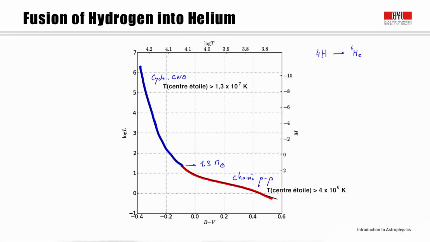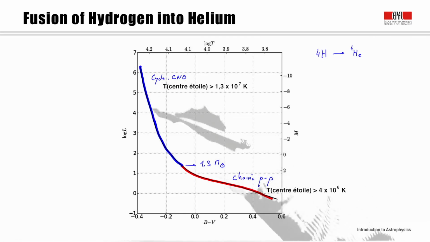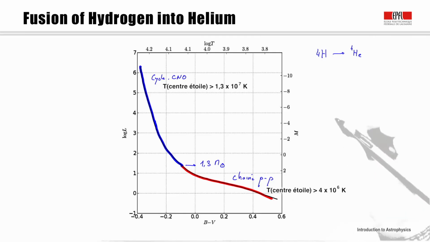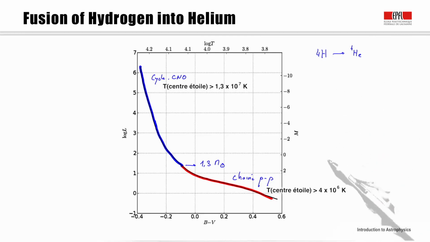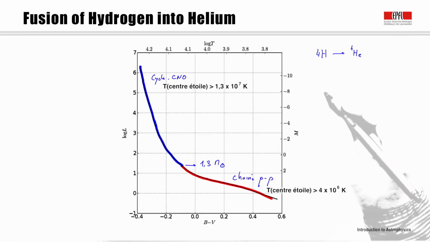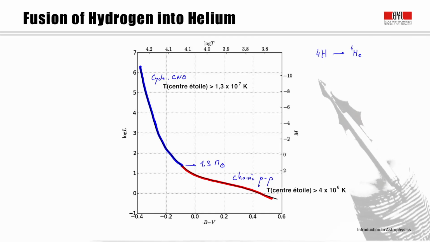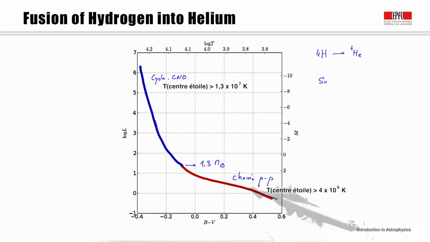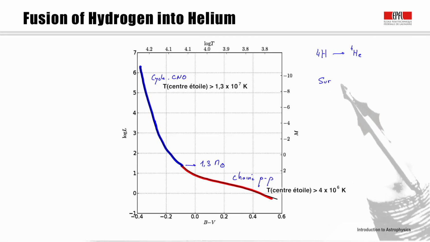We have therefore a limit in temperature which corresponds, of course, to a mass limit. What is really important to remember is that when a star is on the main sequence, it burns its hydrogen into helium. This is what stars do during the longest part of their life. On the main sequence, there is an equilibrium between gas pressure, radiative pressure, and gravity.